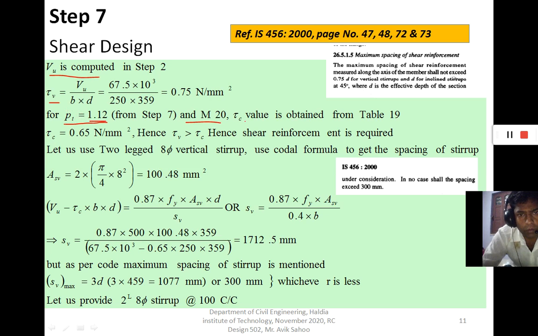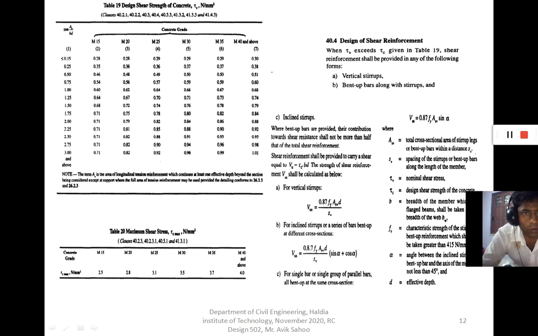Now for M20 grade of concrete, the tau c value is obtained from table 19. The percentage of tensile reinforcement values are listed there.